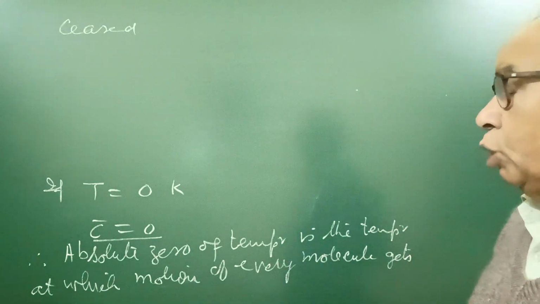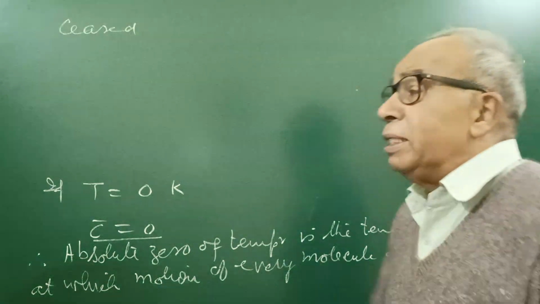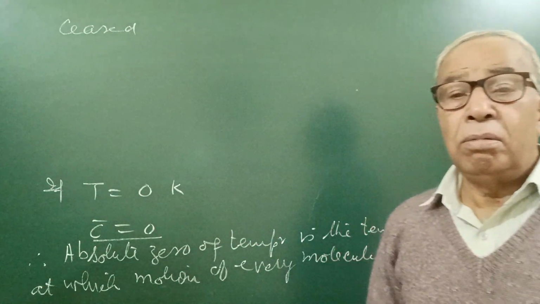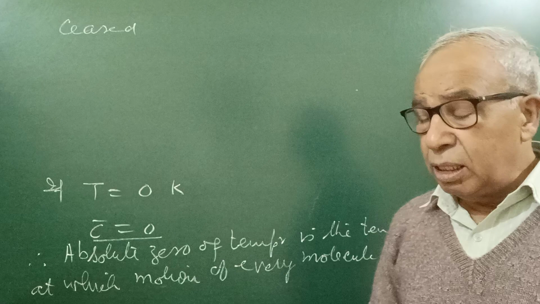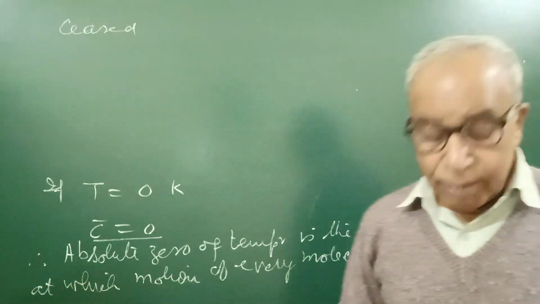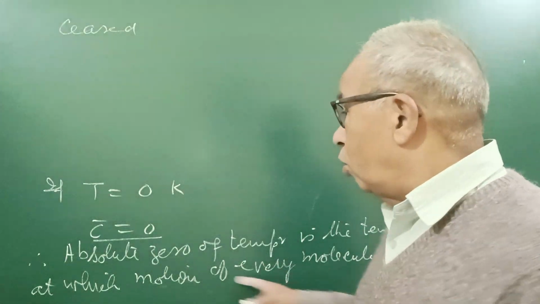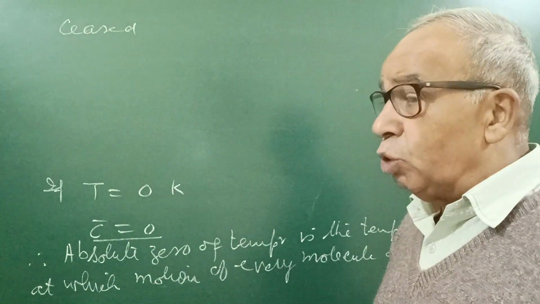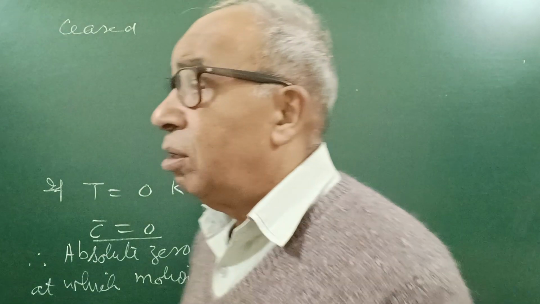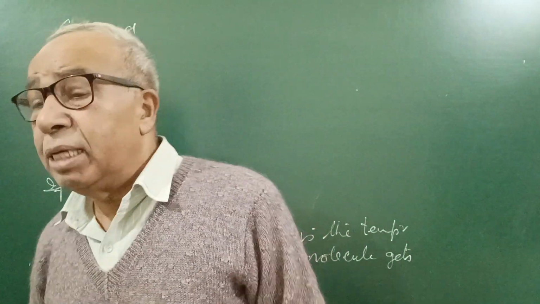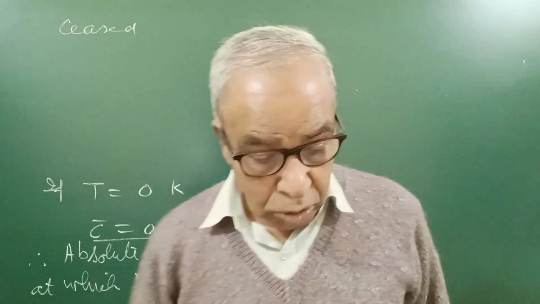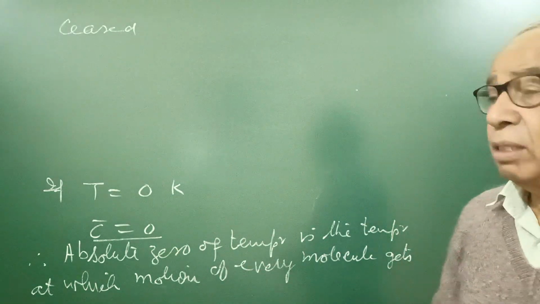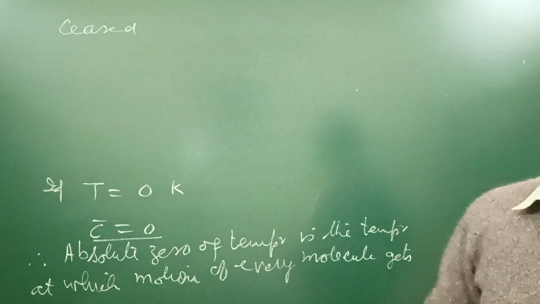Absolute zero, although it is imaginary, because before reaching this temperature every gas gets first liquefied and then solidified, is the concept of the temperature which is actually zero. That is the temperature at which the motion of molecules gets ceased.